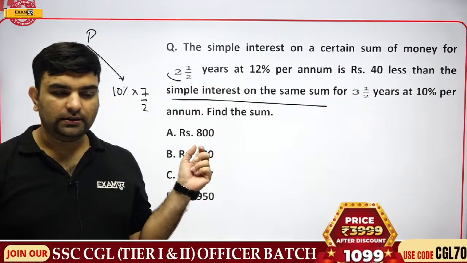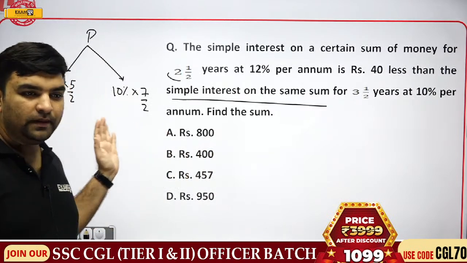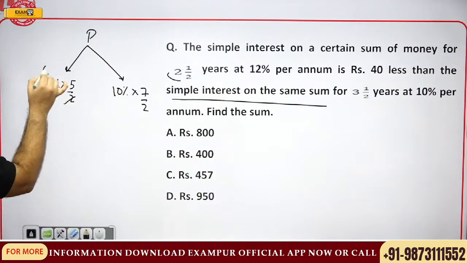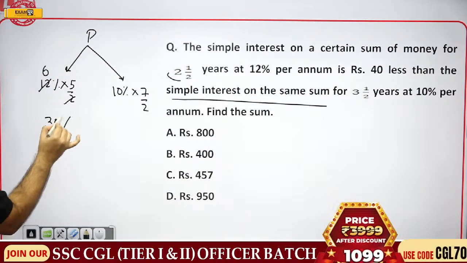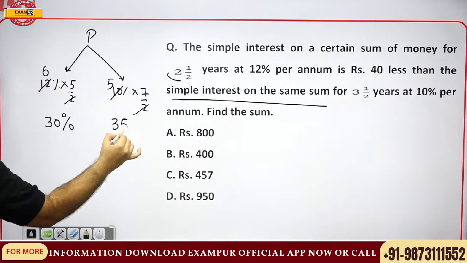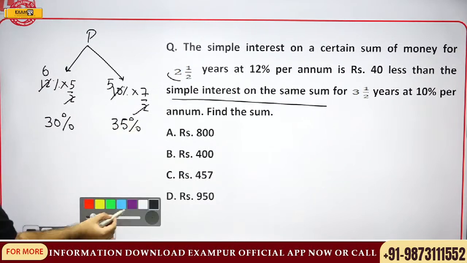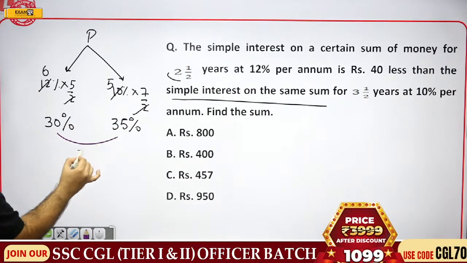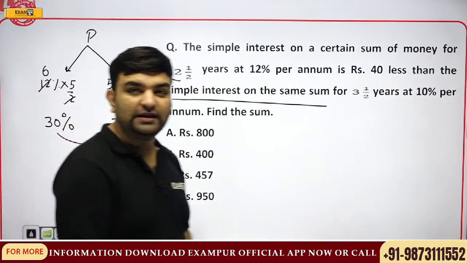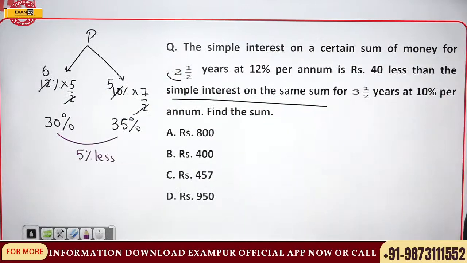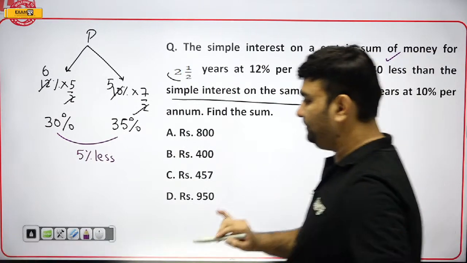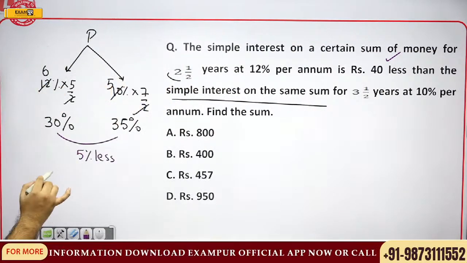So we will find out how much percentage is the SI here and how much percentage is the SI over here. You will see, my dear friends, that in the first case you are getting 30% interest and in the second case you are getting 35% interest. So initially you are getting 5% less, which is given as 40.